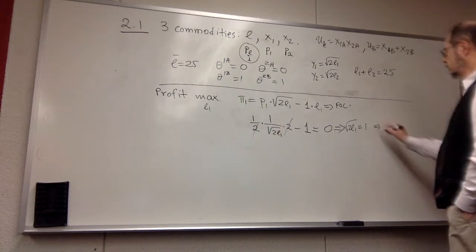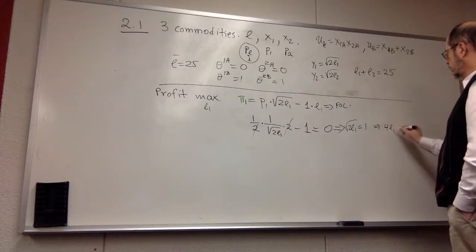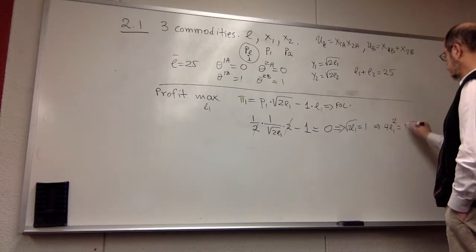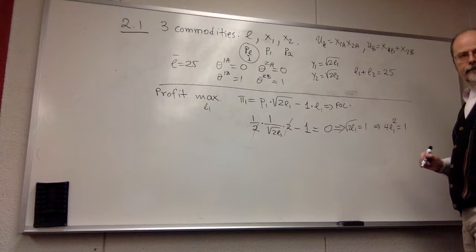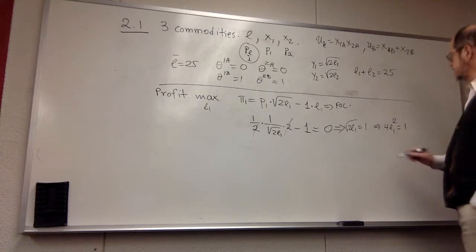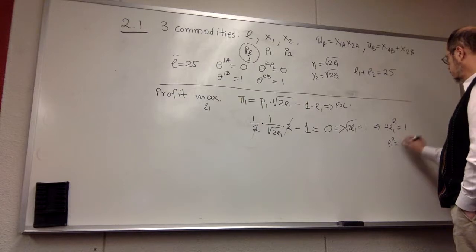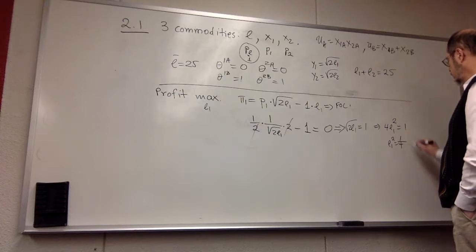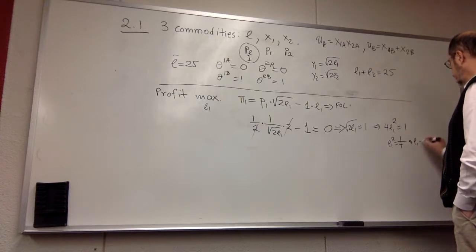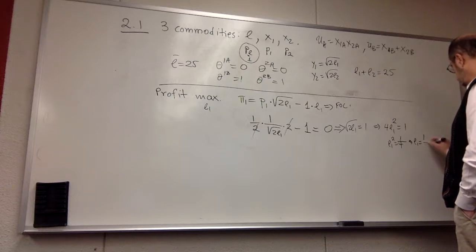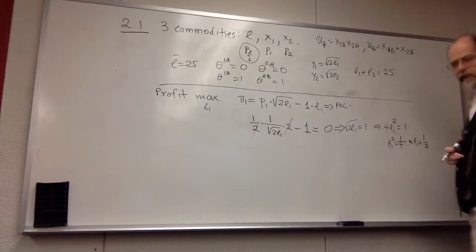So 4L1 squared is 1, and so L1 squared is 1/4. L1 is 1/2. Did I make a mistake here?